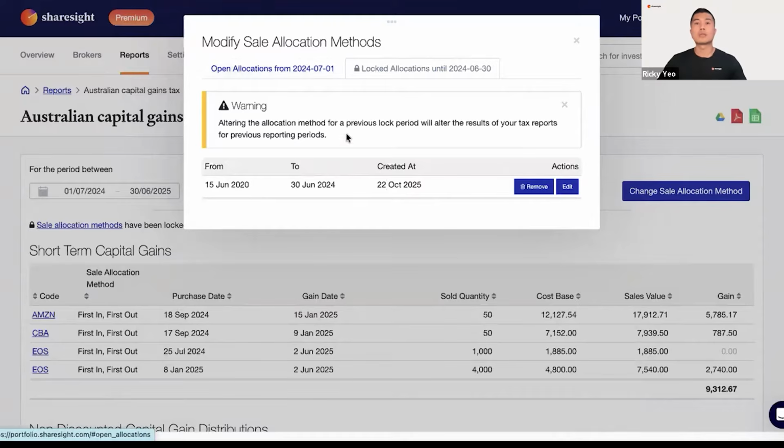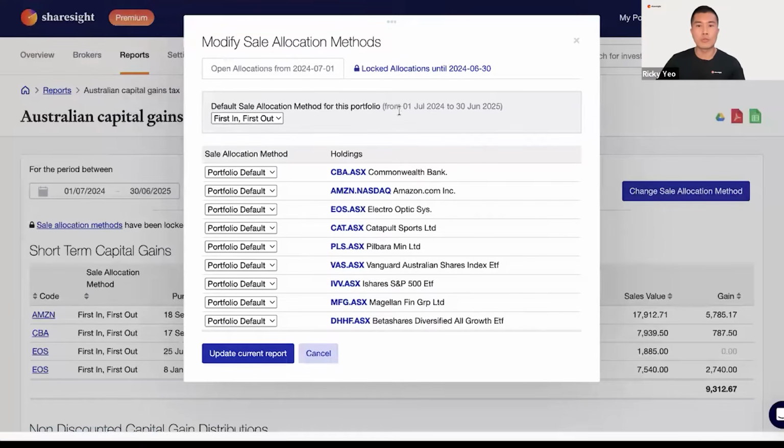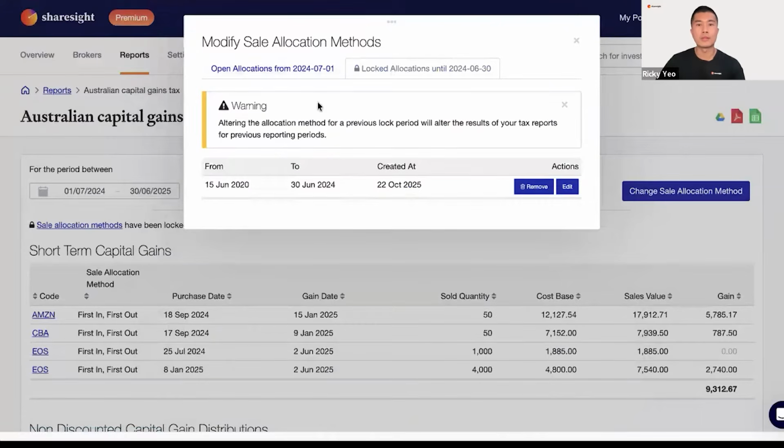What that means is that when you change your methods for financial year 2025, it doesn't affect what has been done previously. When you sell some shares here, you don't want Sharesight to go and pick those buy parcels that you have already used up and exhausted in the previous financial year.